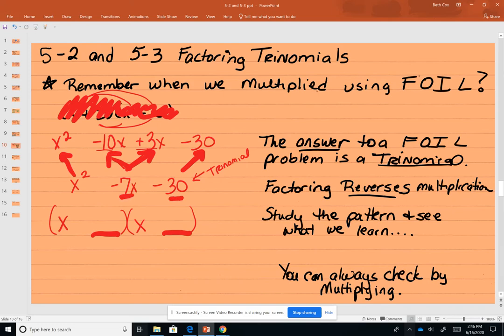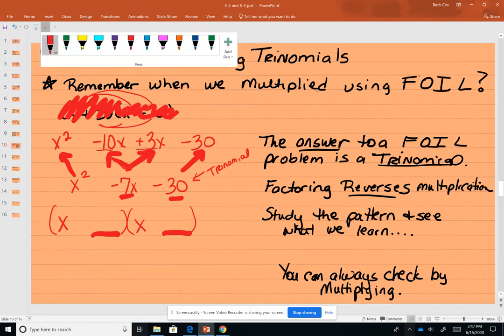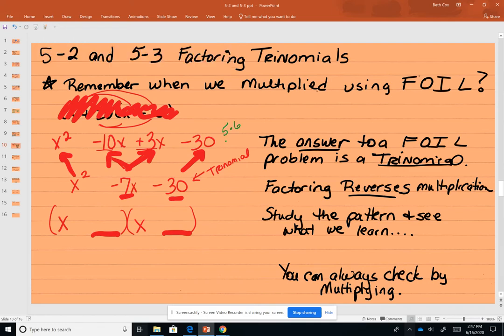Now, 5 times 6 gives me 30, doesn't it? I could get 30 from 5 times 6, and I could get 30 from 3 times 10. But see, the 7 comes from the 3 and the 10. Okay? And so that's how I know it's not 5 and 6.